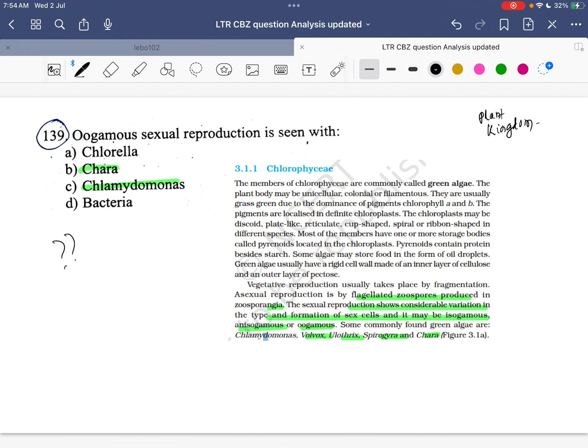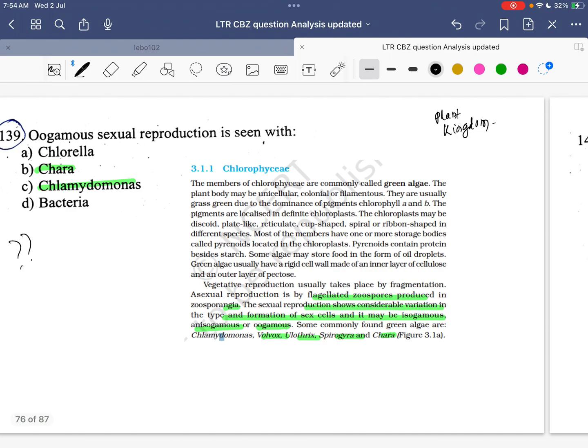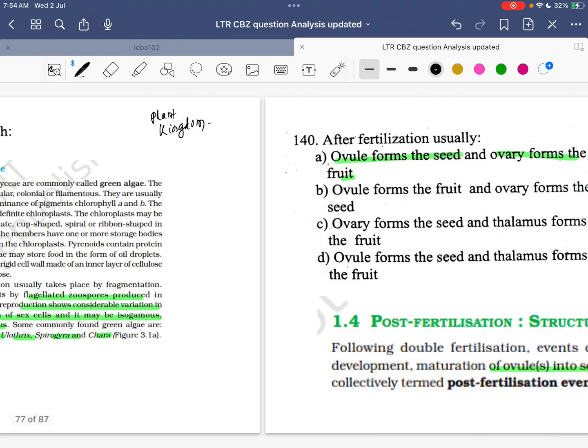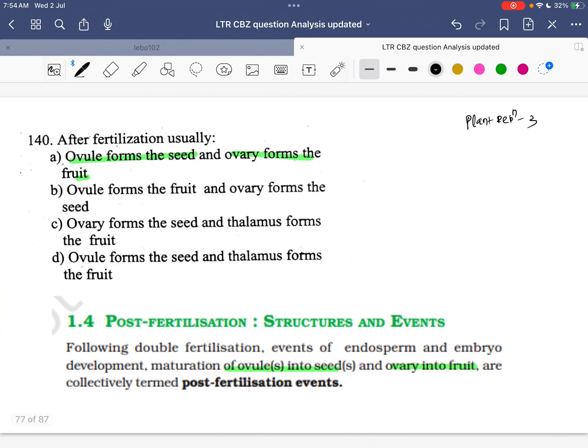Some commonly found green algae are Chlamydomonas, Volvox, Ulothrix, Spirogyra. Volvox is not written here, so the correct answer would have been that. But among these options, Chara and Chlamydomonas, both will be answers. So in that case again there is ambiguity.